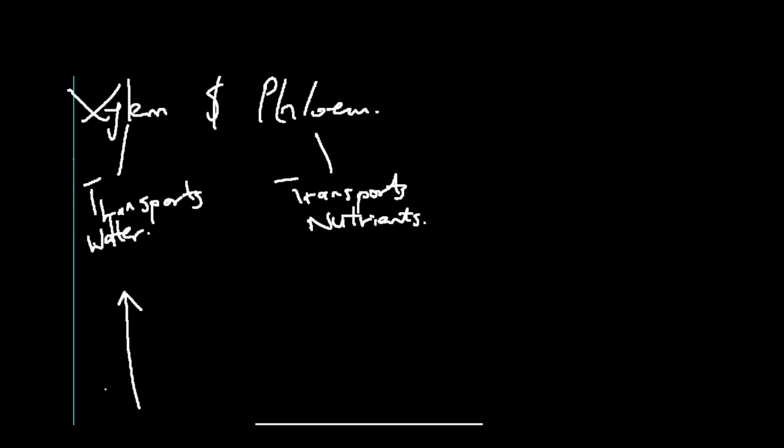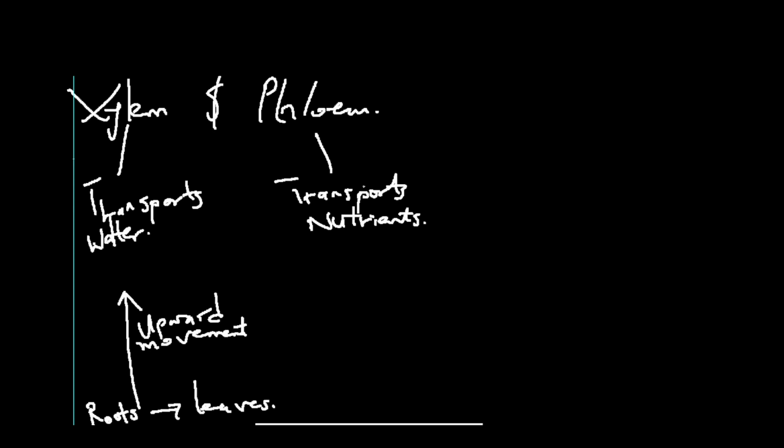From the roots to the leaves. So water is being transported from the roots to the leaves, and that is why it moves upwards. That is why we have an upward movement.